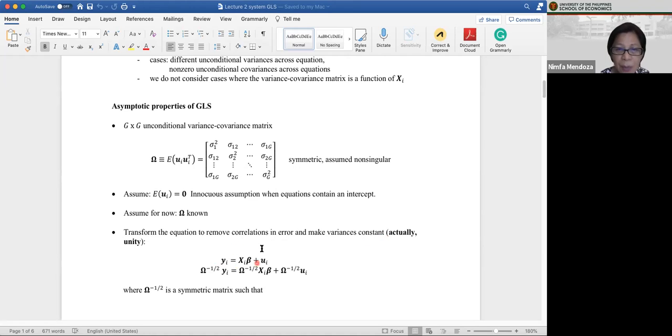This is our original model for a random draw: y sub i is equal to X sub i beta plus u sub i. Then we pre-multiply both sides of the equation by omega to the minus 1/2, where we would define omega to the minus 1/2 as a symmetric matrix that satisfies some conditions.